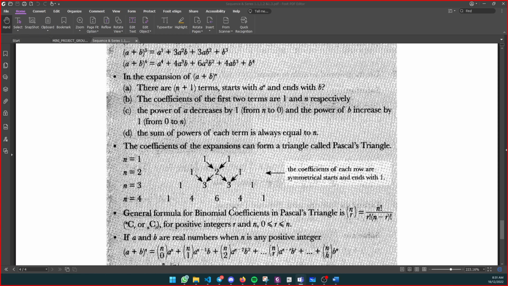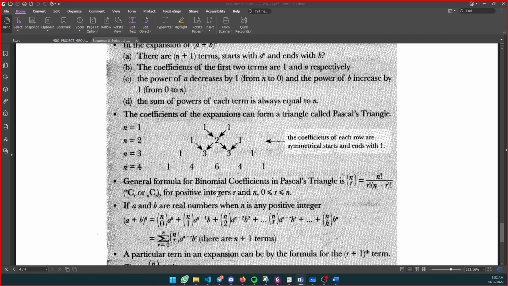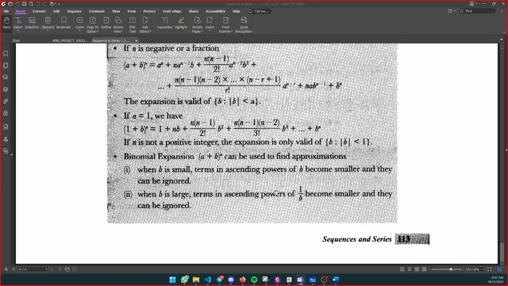So imagine if it's a polynomial where the power isn't just two. The power could be three, four, five, and so on, and there is a formula to explain it in a very neat and nice way. So we also go through that.